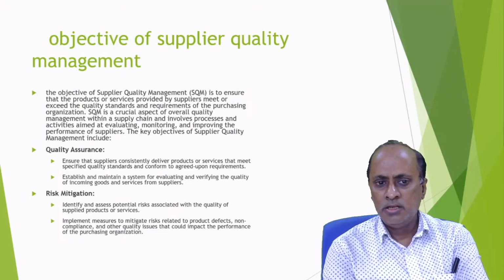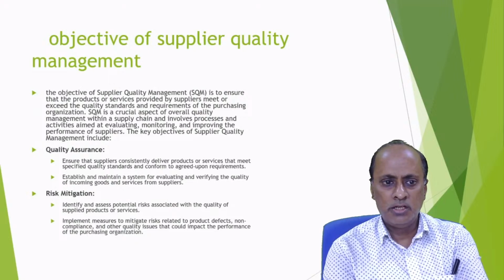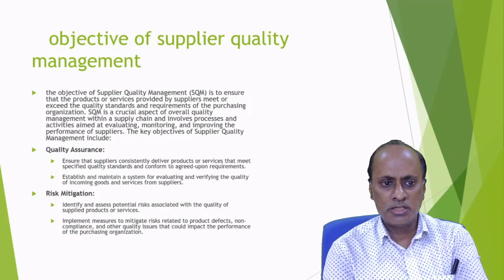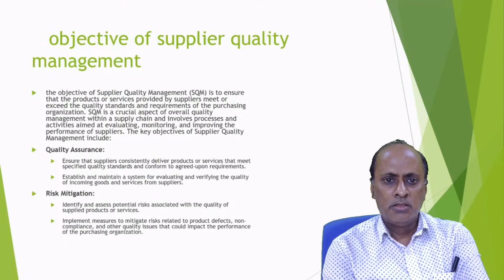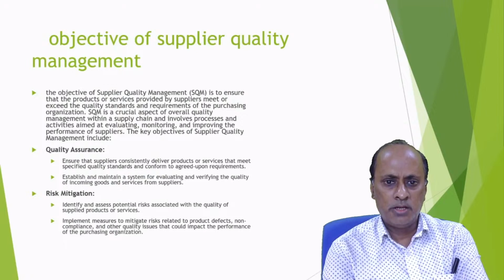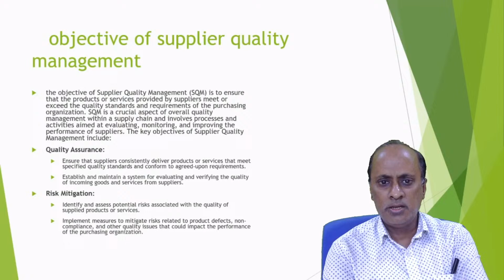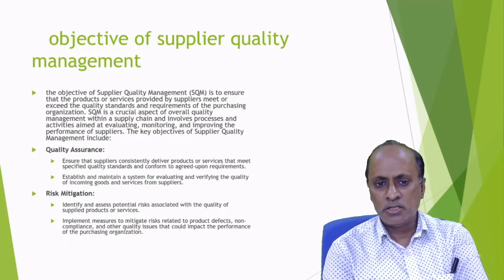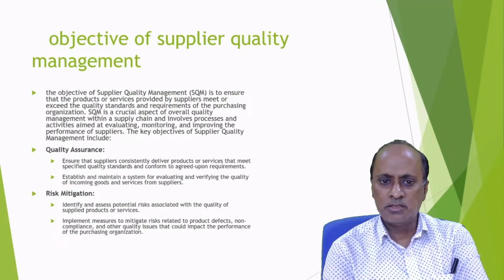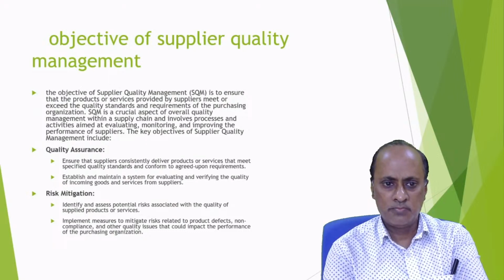So SQM is a crucial aspect of overall quality management within a supply chain and involves processes and activities aimed at evaluating, monitoring, and improving the performance of the suppliers. So, the objective of supplier quality management is that the products which a manufacturer buys from the suppliers should meet the specifications given by the manufacturer.